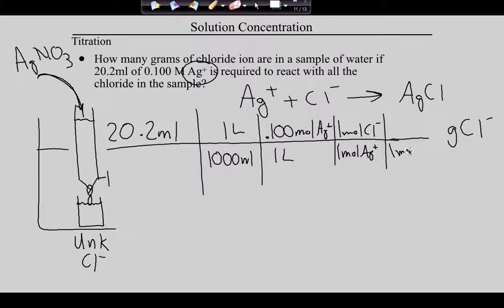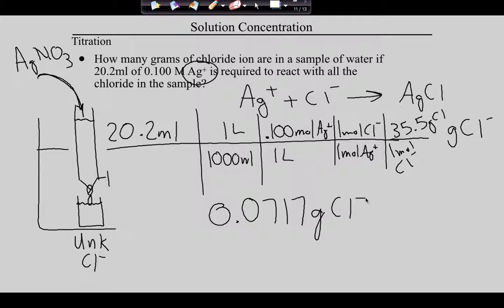Sure. 1 mole of chloride ion has a mass of 35.5 grams right off the periodic table. And we've got 20.2 divided by 1,000 times 0.1 times 35.5, and 3 significant digits, 0.0717 grams of chloride ion.